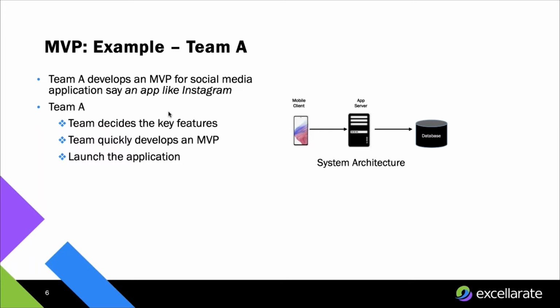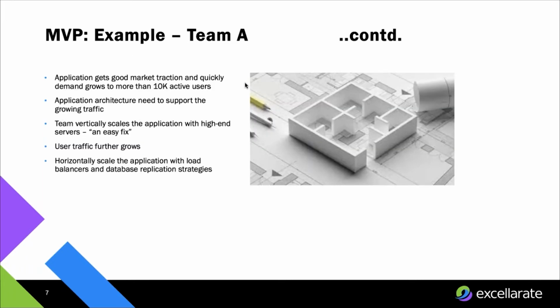The team quickly develops an MVP and launches the application. From a simple architecture point of view, on the right-hand side I'm showing a high-level architecture: a mobile front end, an application server, and the requests going to a database. So now what happens after that?